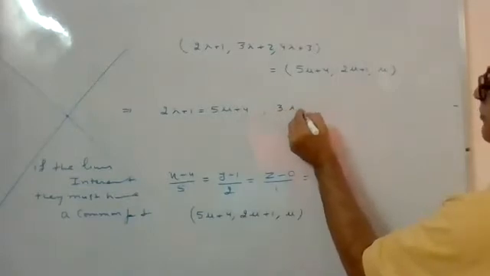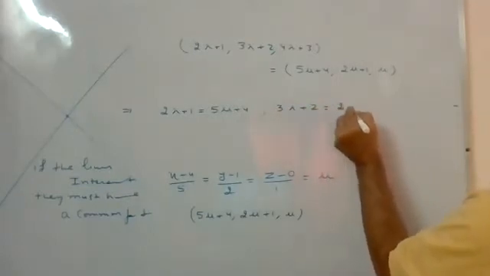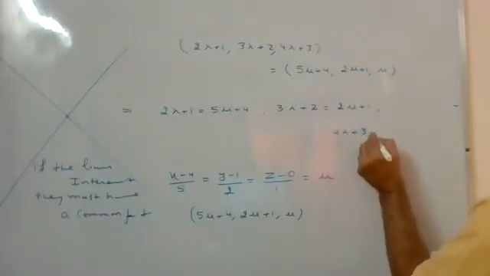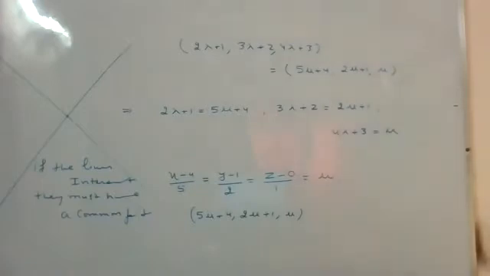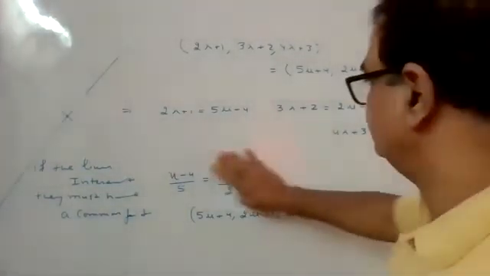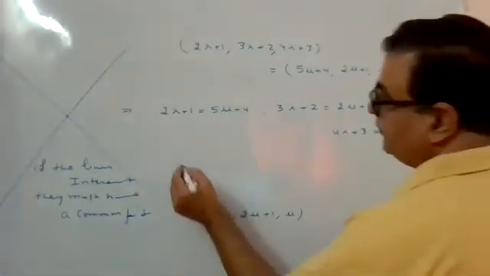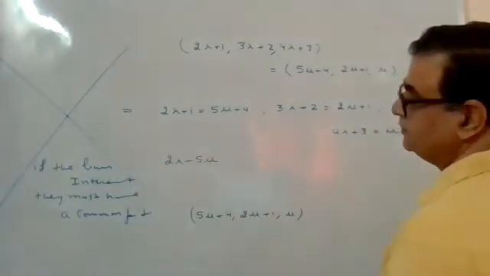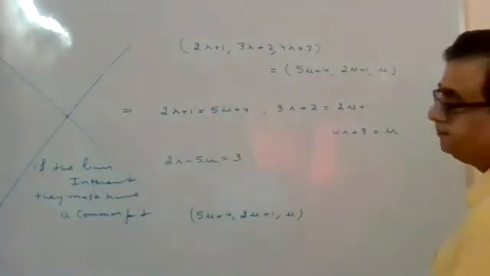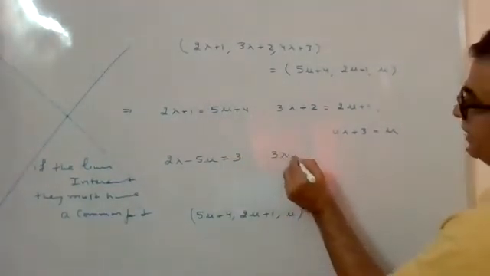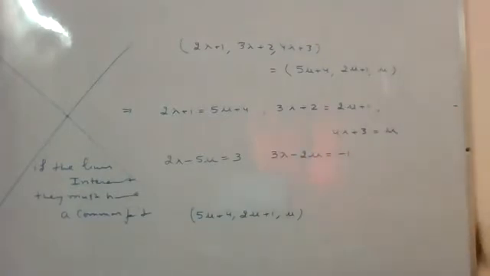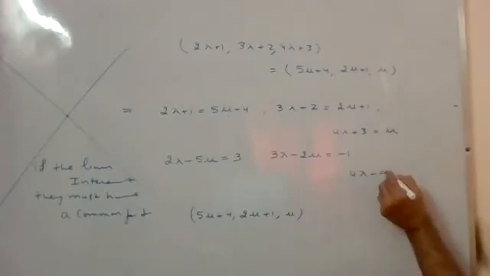Second, 3 lambda plus 2 should be 2 mu plus 1, and third is 4 lambda plus 3 equal to mu. Then we will write this as 2 lambda minus 5 mu equals 3. Then 3 lambda minus 2 mu equals minus 1, and then 4 lambda minus mu equals minus 3.